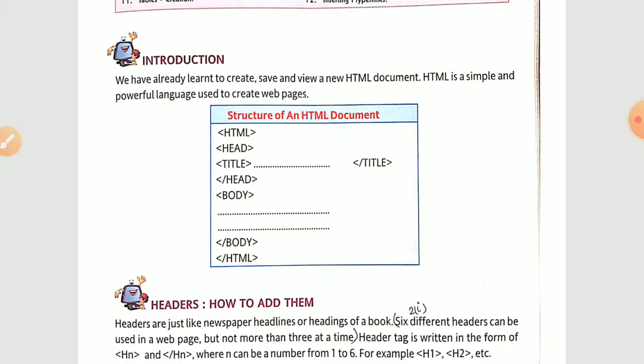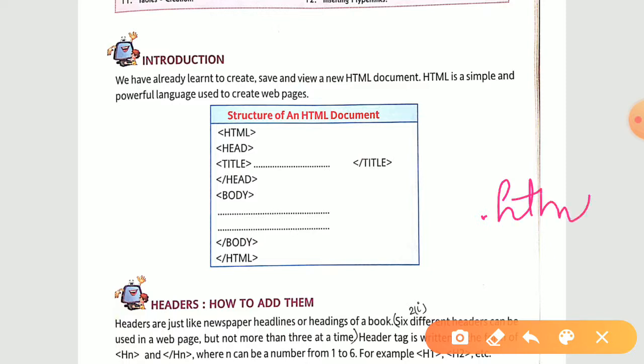Okay, now before just jumping onto the structure, I would like to remind you that whenever you are writing your HTML document, you are going to write it in a notepad, right? You are going to write this HTML document in a notepad, and when you are going to save that file, you are going to give the extension, that is .html, or you can also give .htm. Okay, either of the extension you can give.